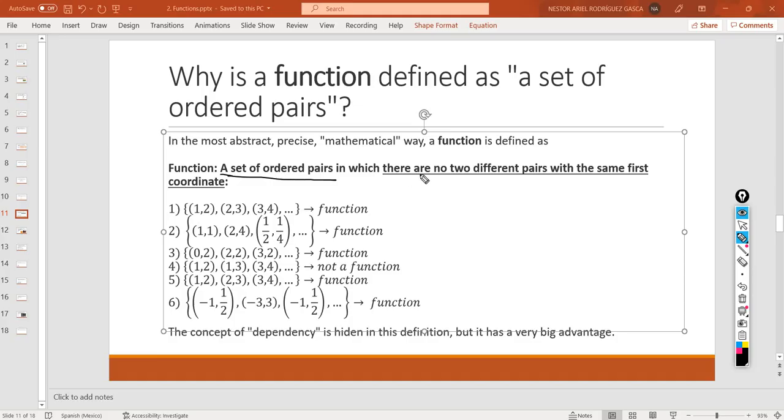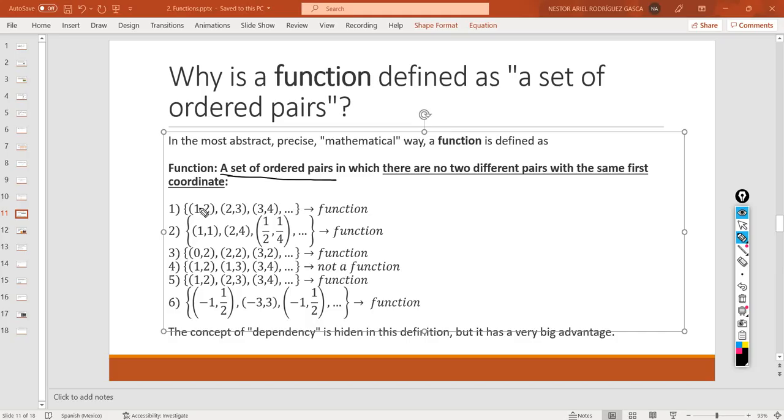Now let's analyze this important thing, in which these ordered pairs must have a characteristic: there are no two different pairs inside the set with the same first coordinate. For example, let's look at this one. This is a set.